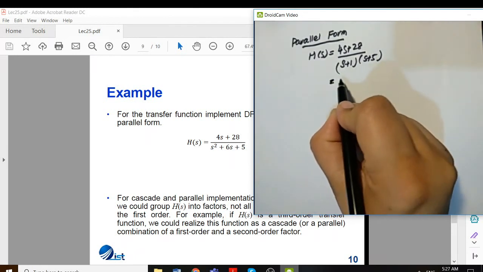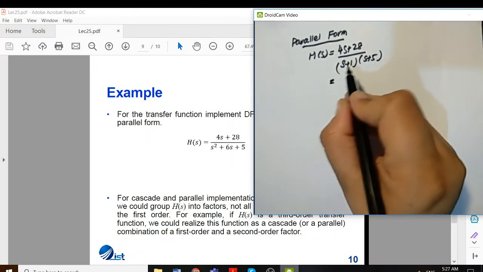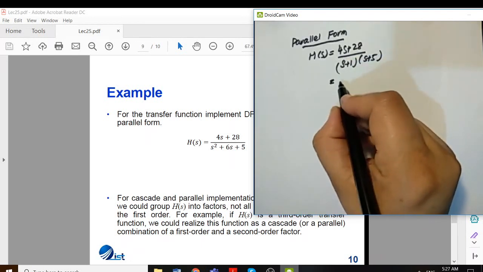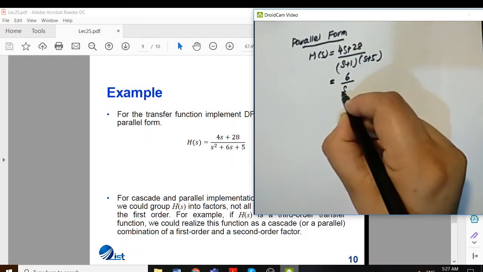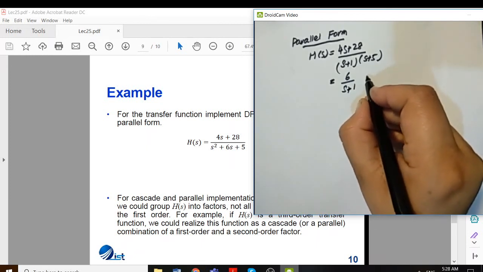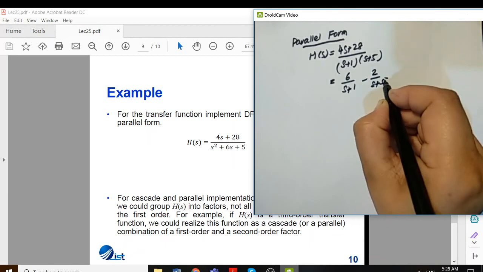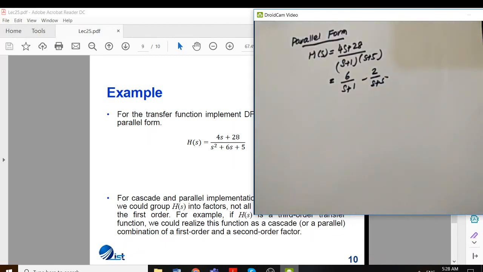So I like to take the liberty of dividing this through partial fractions; you can try to see whether you get the same factors or not.